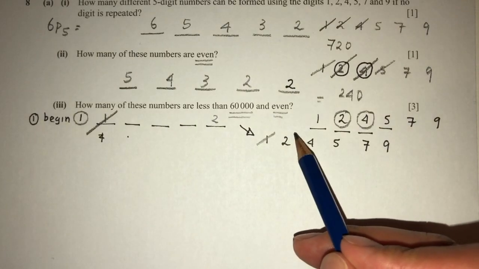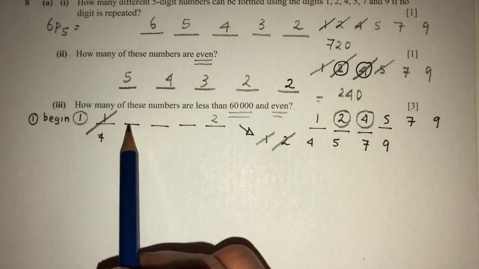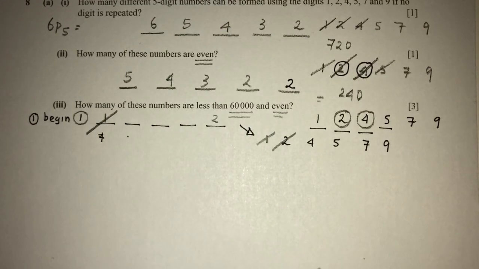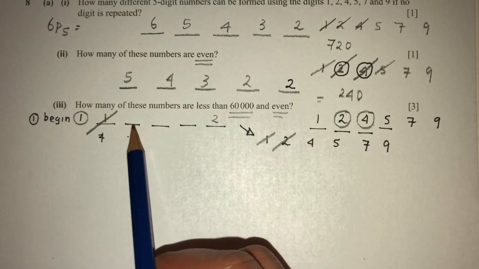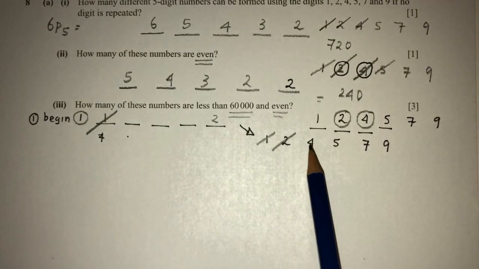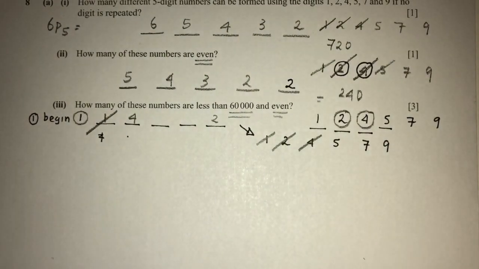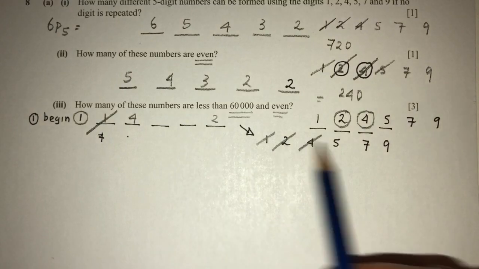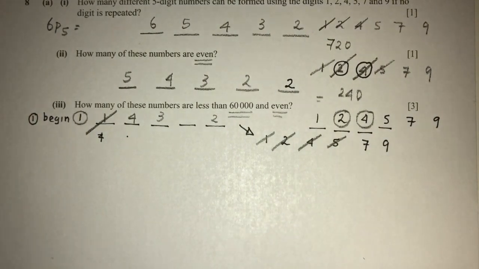Let's say I choose 2, go away. Now I have 4 numbers remaining, so for those 3 places, I can put any of those numbers. So let's put a number here. For this number, I have how many choices? 1, 2, 3, 4. We have 4 choices. Let's say I choose 4, whatever. Now for this number here, we have 3 choices, as you can see, 1, 2, 3. Let's say I choose this number.